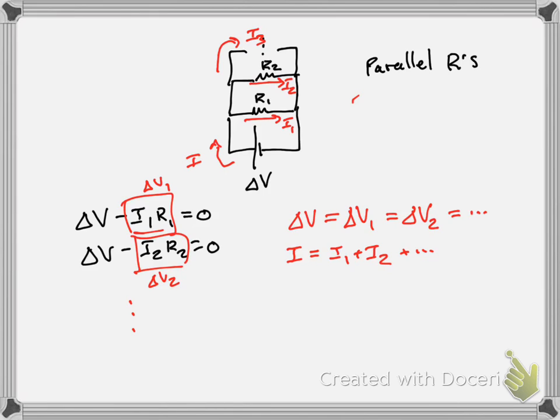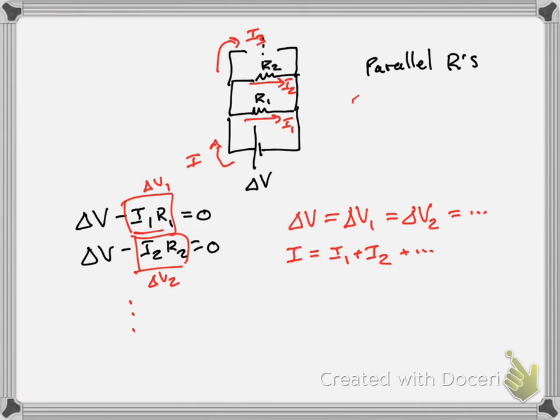And then we want to combine all of this, and we can go ahead and divide both the left side and the right side by delta V. So I'm going to divide the left side and the right side of the junction rule.